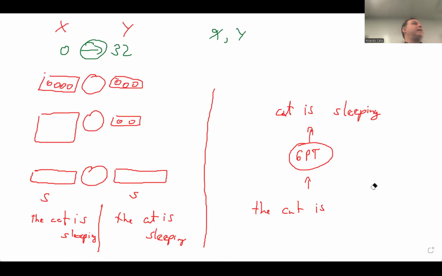We can't look ahead, right? That would be cheating. Remember that whole discussion we had, right? And so really, I'm going to write it a little bit better here by saying something like, the cat is. And then over here, I'm going to say, cat is sleeping.